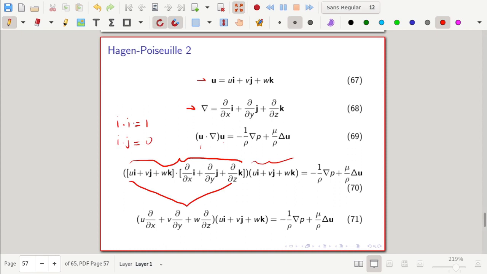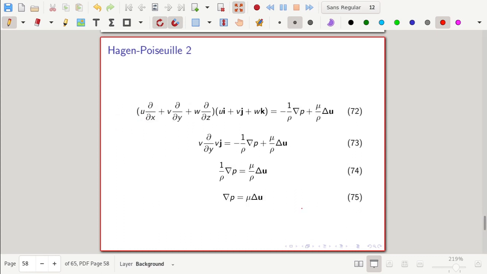If i is different than j, then you have 0. So we're left with each component multiplied by the partial derivative in x, y, and z, and this is multiplied by the velocity field here. Now you can use the distributive property term by term, and this here we haven't messed with yet. We'll take care of it in a little bit.